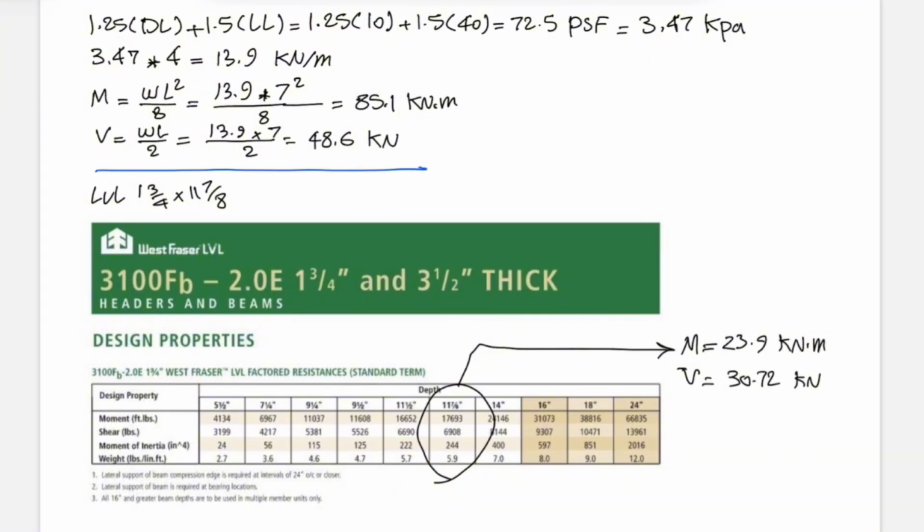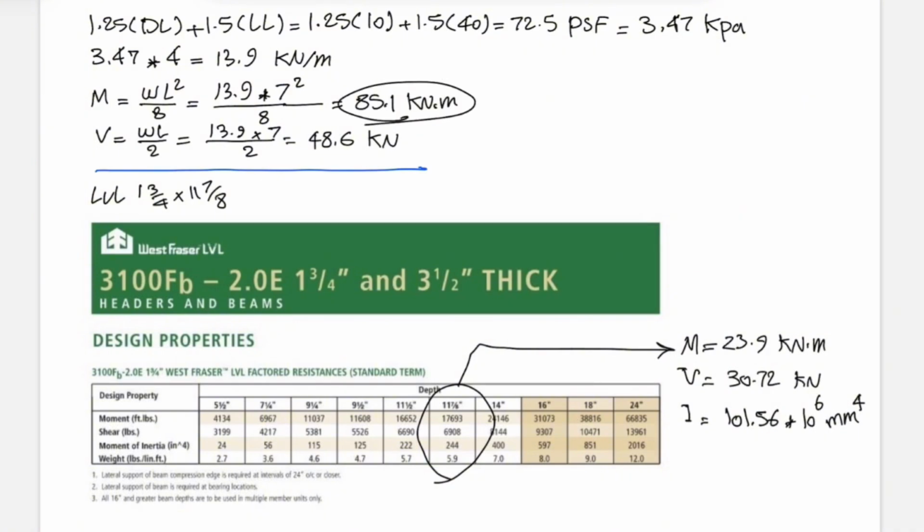And for moment of inertia, it will be 101.56 times 10 to the 6th millimeters to the 4th. These values vary by manufacturer, so you should always check the manufacturer's design tables.